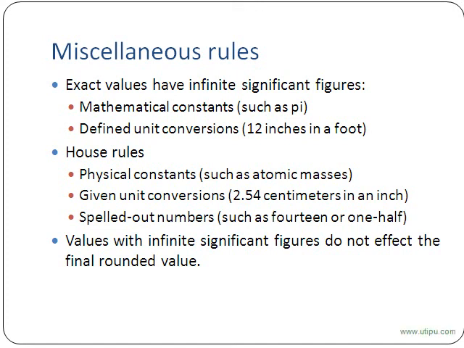Or 7 plus the atomic mass of boron, so you do 7 plus 6.91. Which one is going to affect it? We don't worry about the atomic mass of boron because for this class that's a physical constant. It's considered to have infinite significant figures. You only worry about the 7 that you added up, or the 6 you added up before. So that's the reason why this is important. Just keep these in mind for the purpose of this class, and keep the exact value rules in mind, as they are going to be generally true for significant figures.